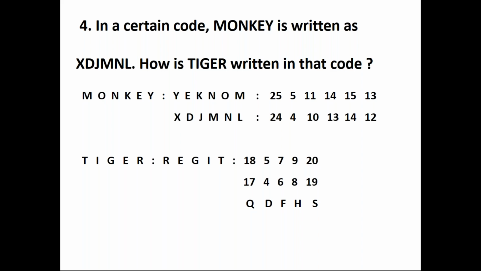R18, E5, G7, I9, T20. So -1: 17, 4, 6, 8, 19. QDFHS.